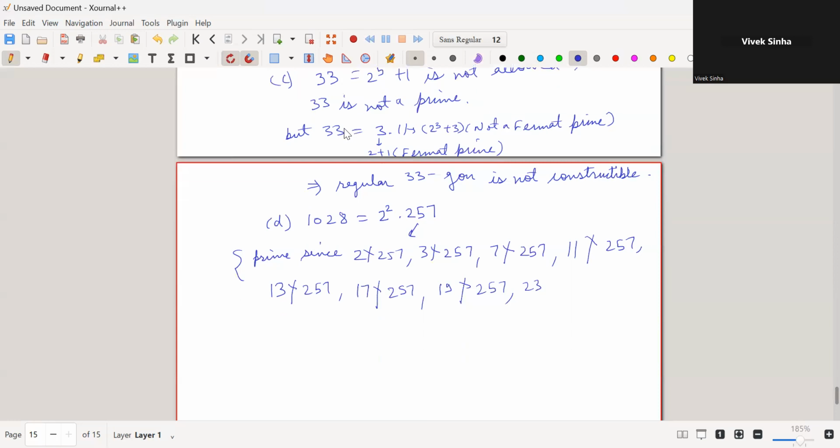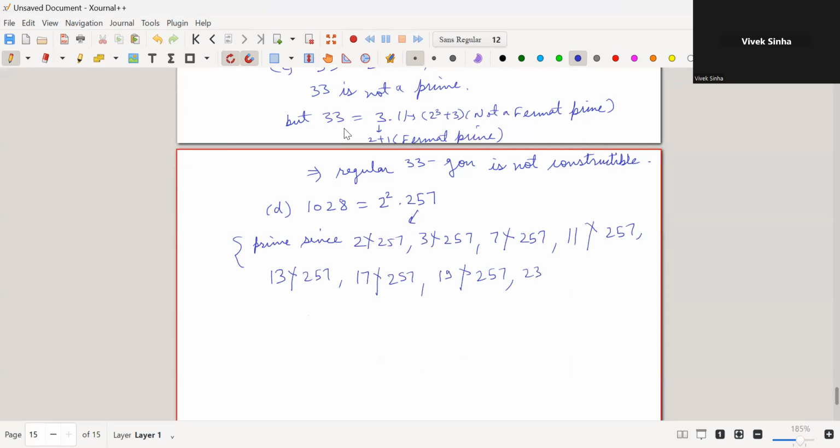See, what is the square of 17? 289, I think. And it is already greater than 257, right? So we need not check this much, because if a bigger number divides it, then it should be some bigger number times a smaller number.